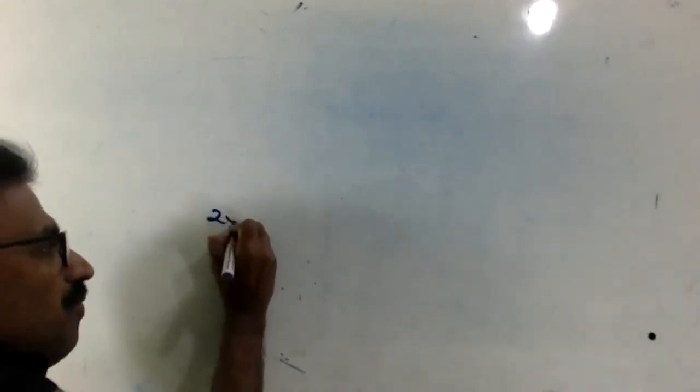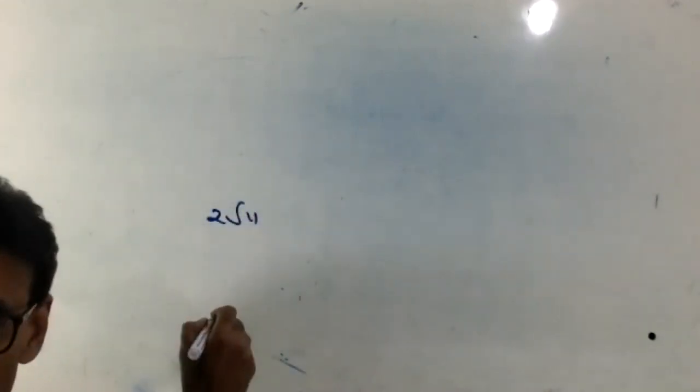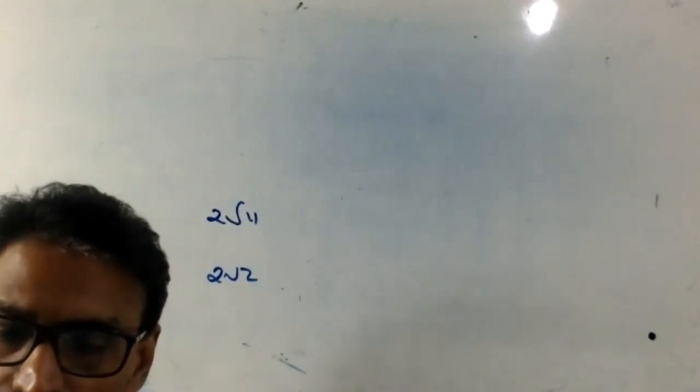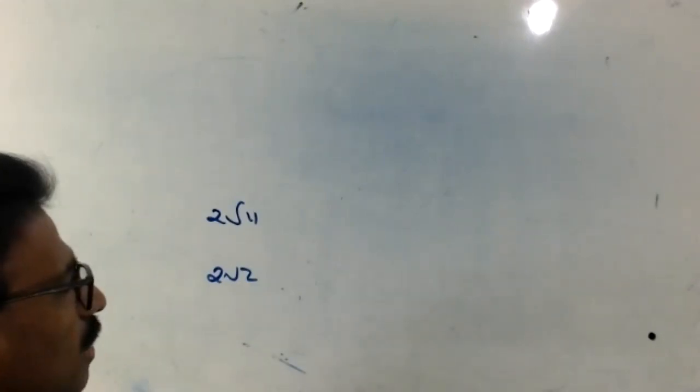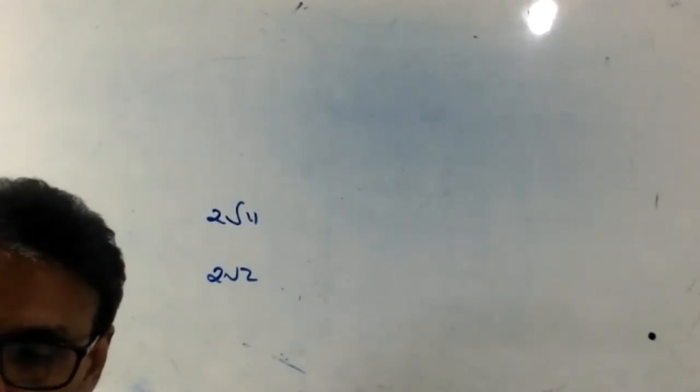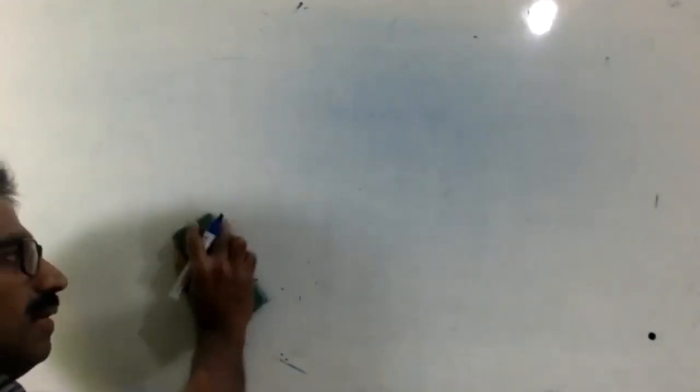No, Lohida, that is wrong. You said 2 root 11 and 2 root 2. What is 2 root 11 minus 2 root 2? With 2 root 11 we cannot do anything. Okay, so look at here. I'll give an example. Listen.